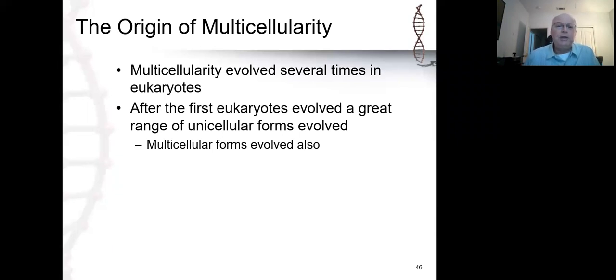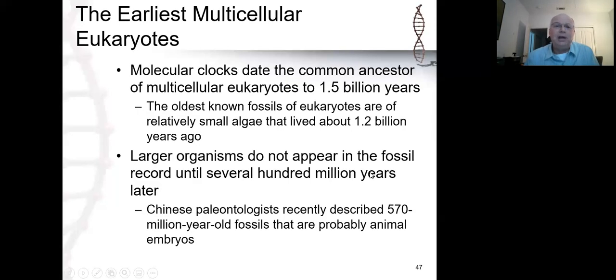We can't pinpoint it exactly, but we do know that multicellular forms start to show up in the fossil record somewhere around 1 to 1.5 billion years ago. That's when we start to find evidence of multicellularity, both through molecular clocks and also in some very early fossil records dating to around 1 to 1.2 billion years ago, as the note points out.